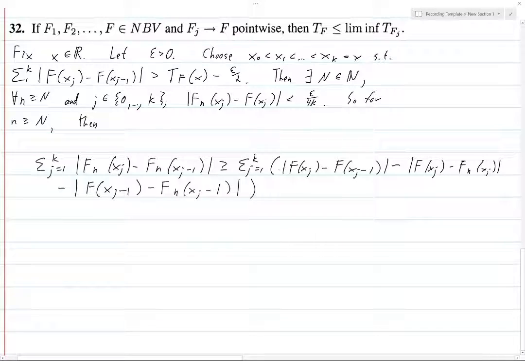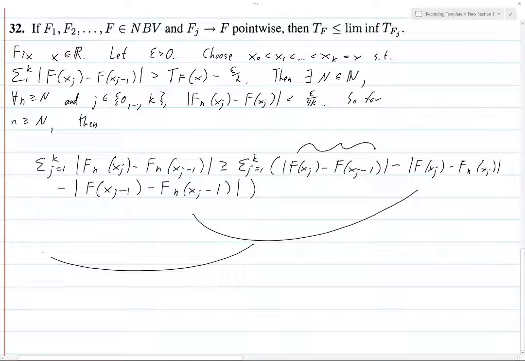And so we have this whole thing on the inside, and the reason this works is that if you bring the other things over to this side of the equation, this would be true just by the triangle inequality. To write the difference between f of xj and f of xj minus 1, you go from f of xj to fn of xj, then here to here, then here to here, and then here to here.